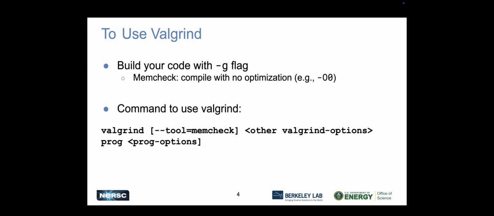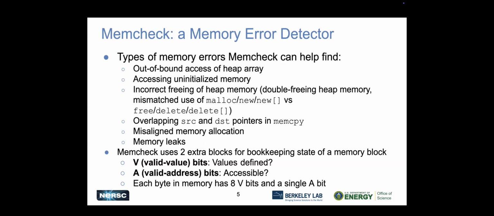But for Memcheck, you have to use no optimization. And this is a Valgrind command: valgrind, and you specify the tool that you are going to use. If it is Memcheck, you can omit that because Memcheck is the default tool, and you add the Valgrind options, the program, and the program options.